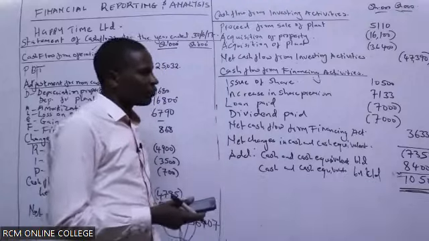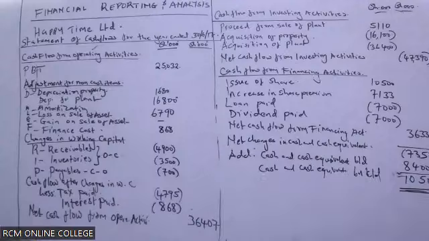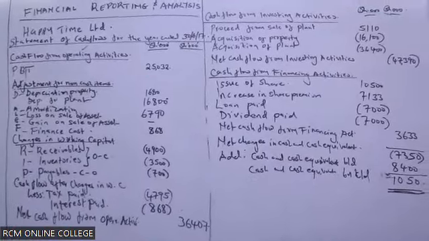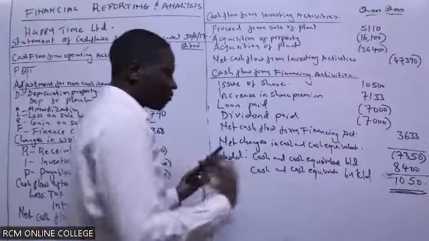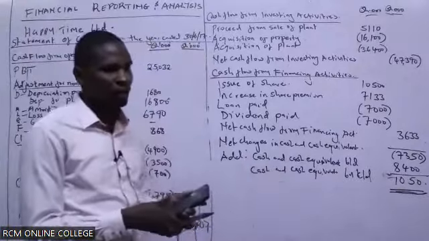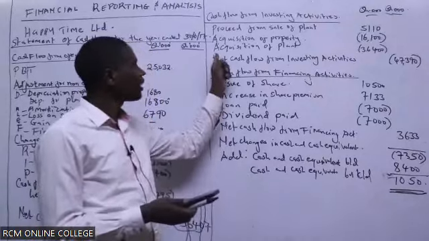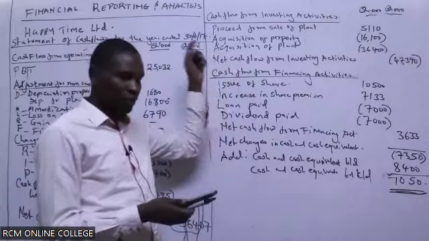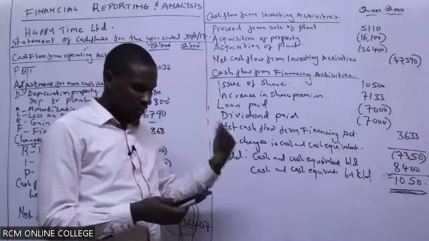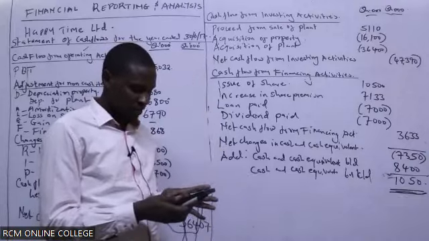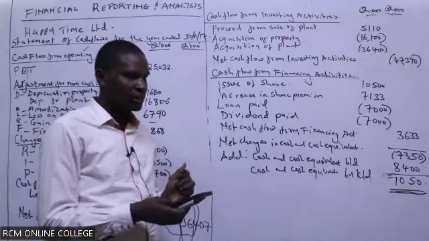Now class, when we consider cash flow, have you understood? Are you somewhere? The important thing is to know this; this is where there is a lot of detail. So make sure that you practice. Remember, practice makes perfect.